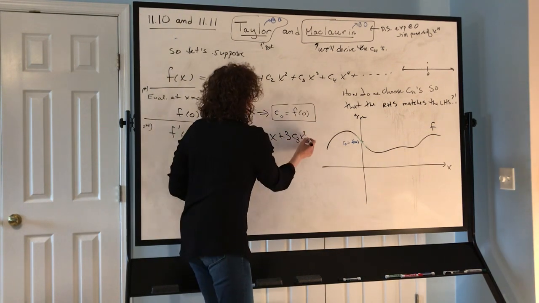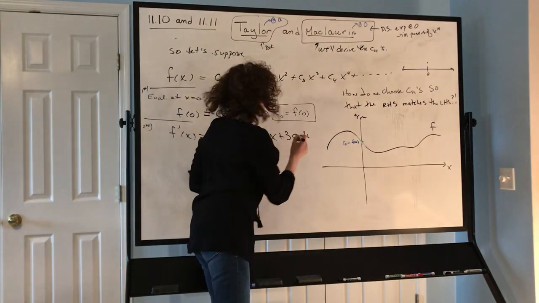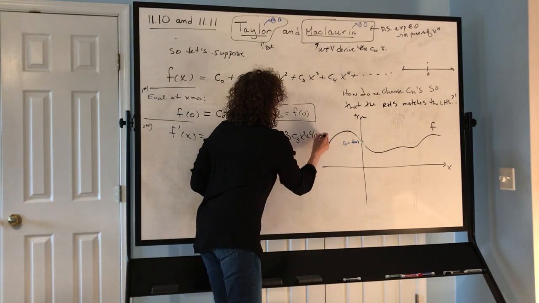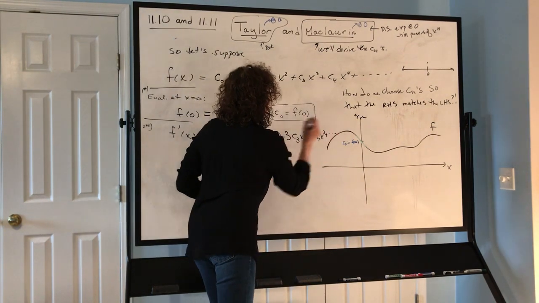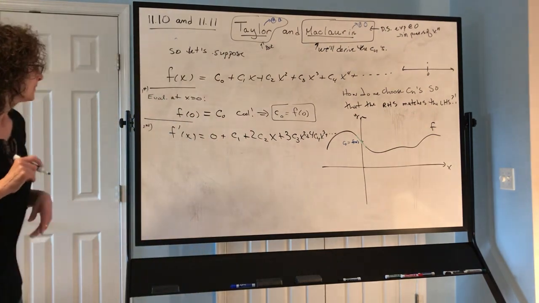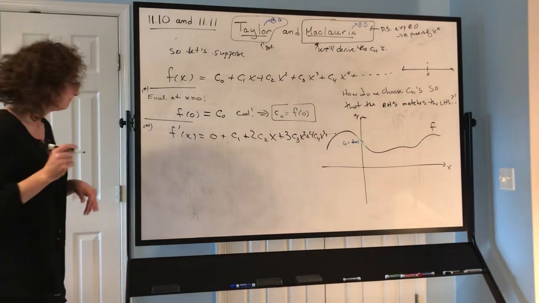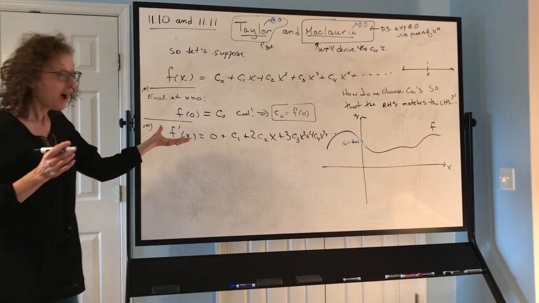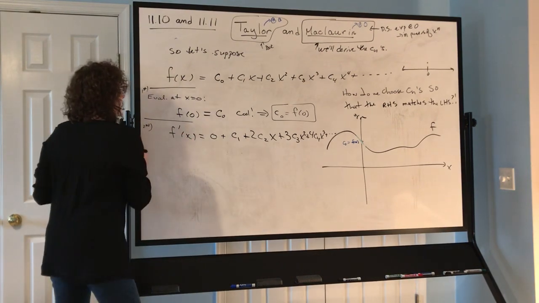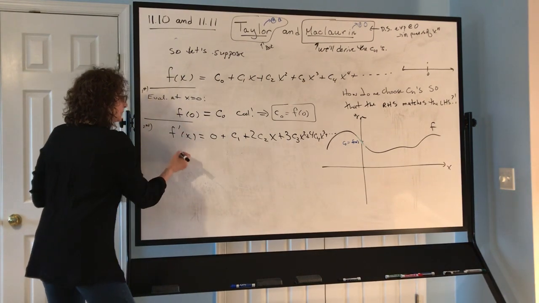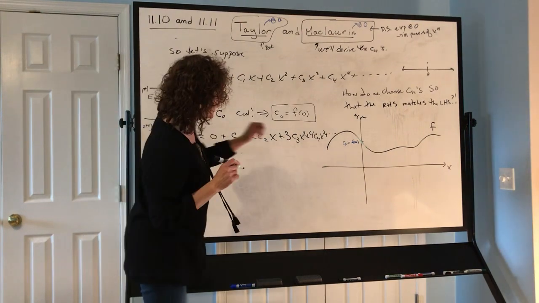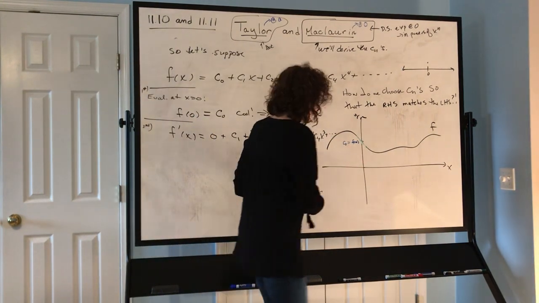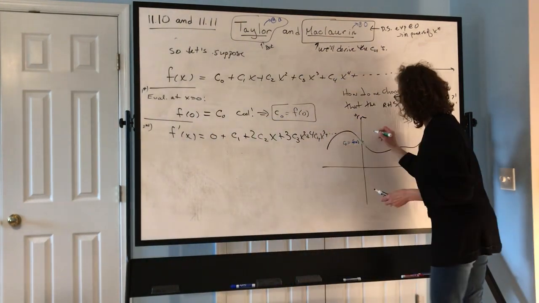What's the derivative of c4 times x to the fourth? Good, 4c4 x cubed, and that goes on and on forever. There's our derivative, also another series. That's 11.9. Anyway, what should we do? What is the slope of the tangent line? What is the slope?